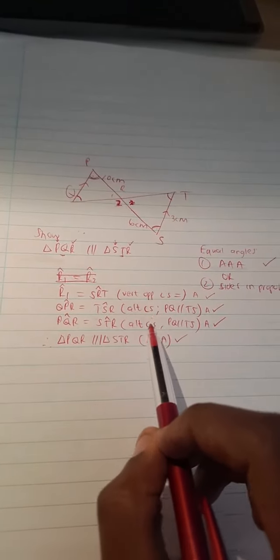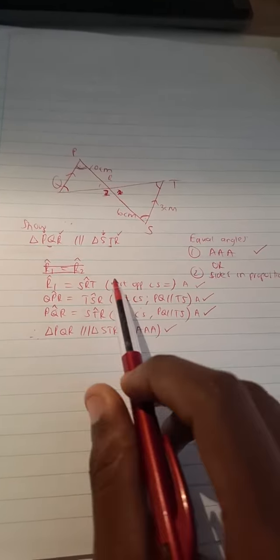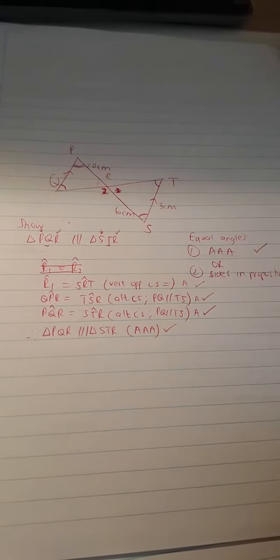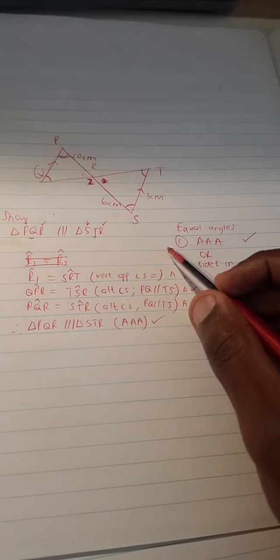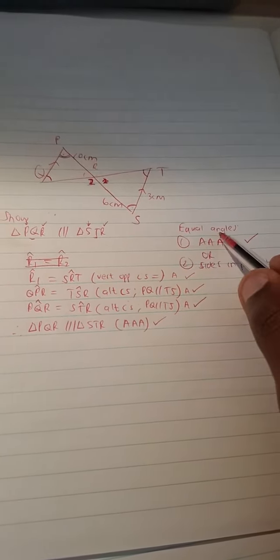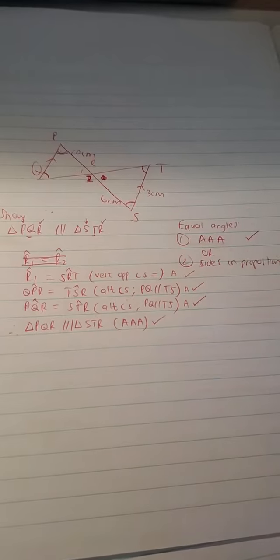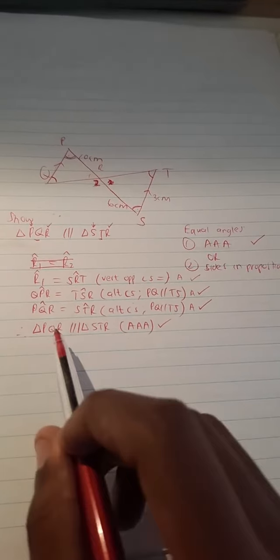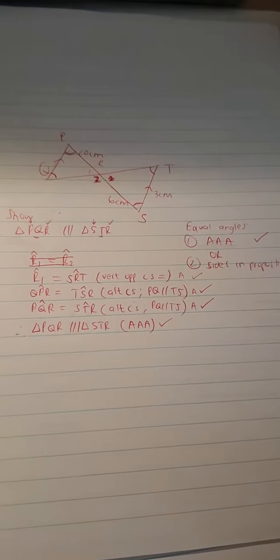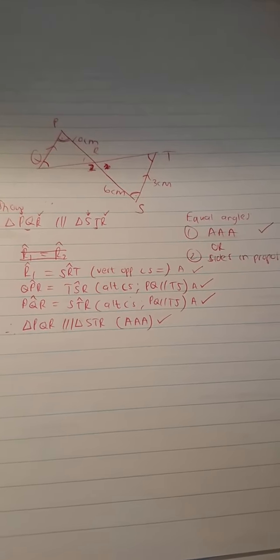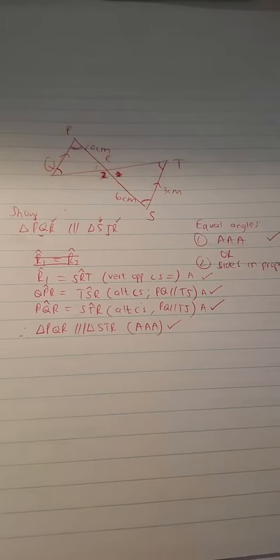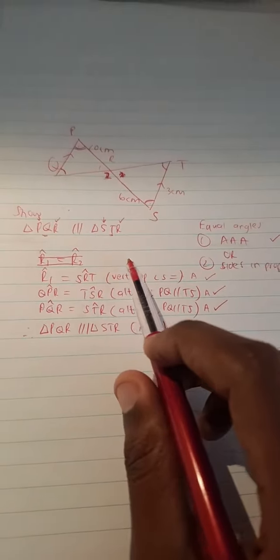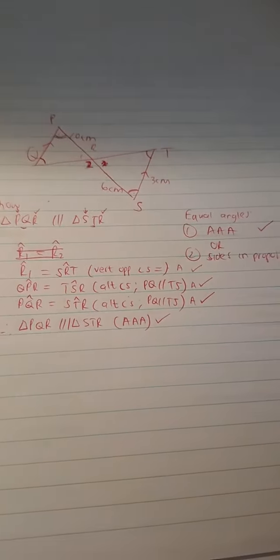And all I needed were reasons to support the equality of those angles, so that this could be true for these two triangles. Who wouldn't want to award you 4 marks if you prove similarity of these two triangles using angle, angle, angle?